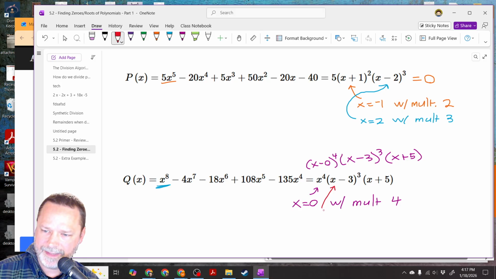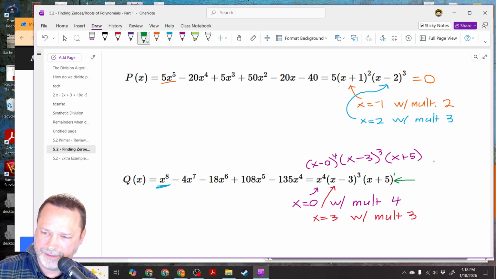Here, x minus 3 cubed gives us that x equals 3 is a root, because 3 minus 3 is 0, with multiplicity 3. And then, last but not least, we have this x plus 5 factor raised to the 1, right?